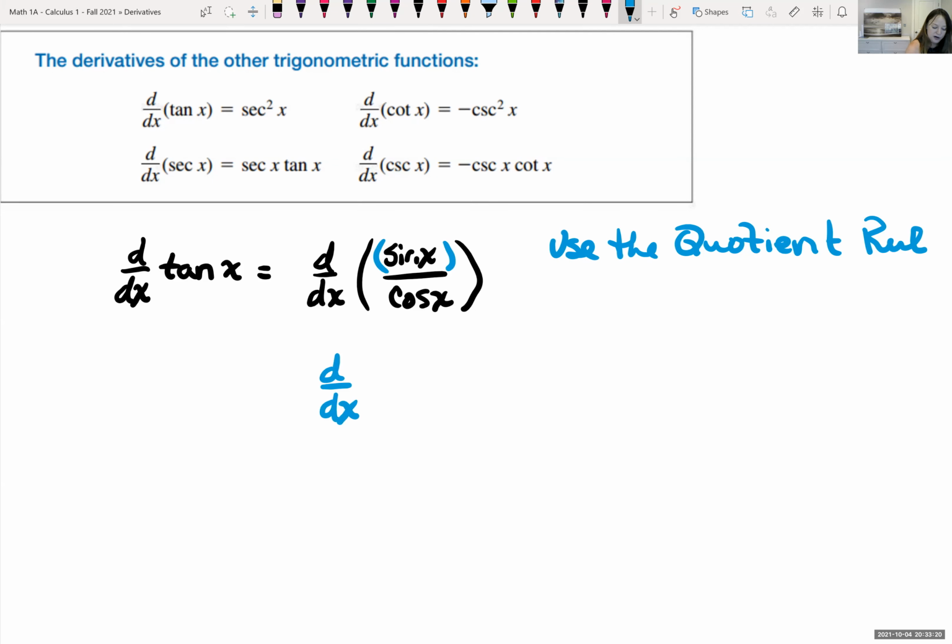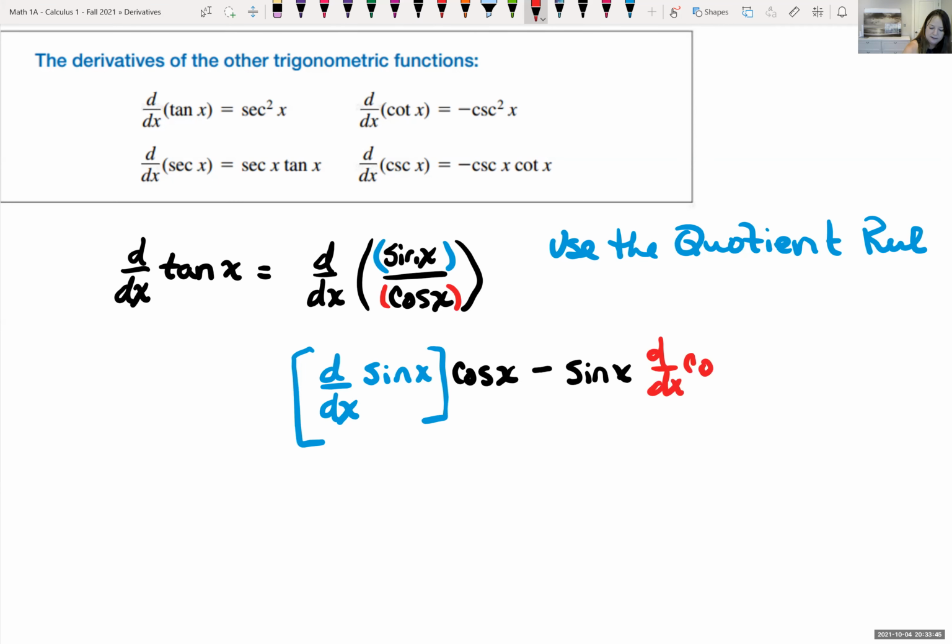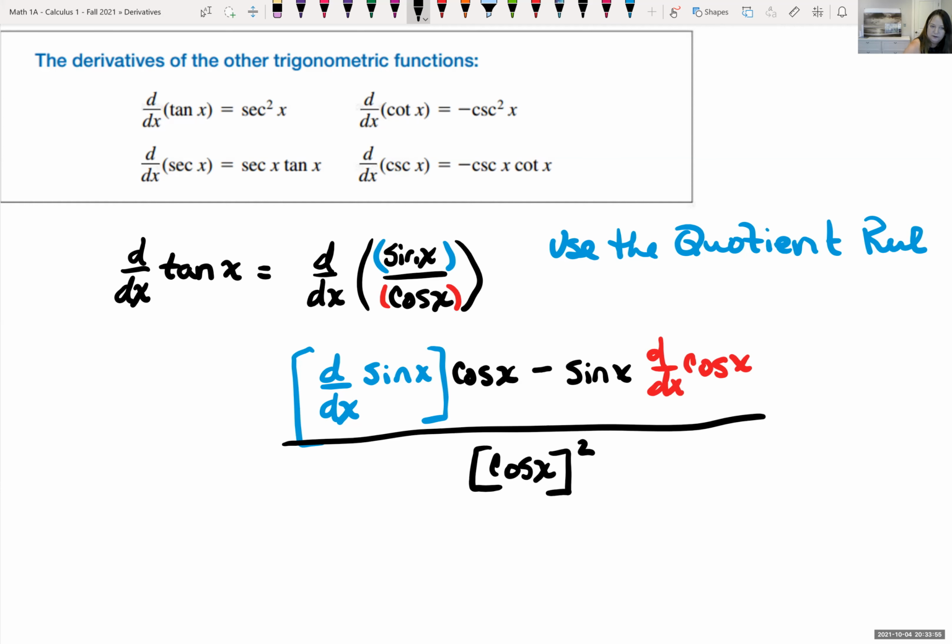So derivative of our numerator, which is sine of x, all times our denominator, cosine of x, minus our numerator, which is sine x, all times the derivative of our denominator, so d/dx of cosine of x, all divided by our denominator, cosine of x, quantity squared.